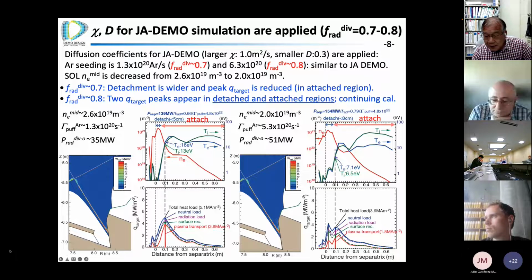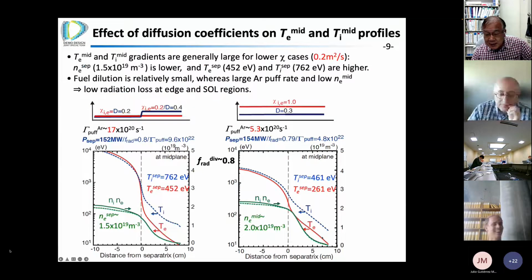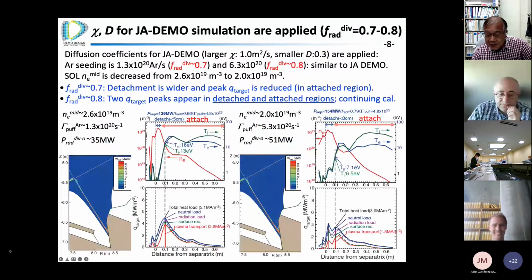So one of our questions is how much of this surface recombination part we can transport to the target. We counted 13 electron volts for each surface recombination. Therefore, this value increases because the density is so high.